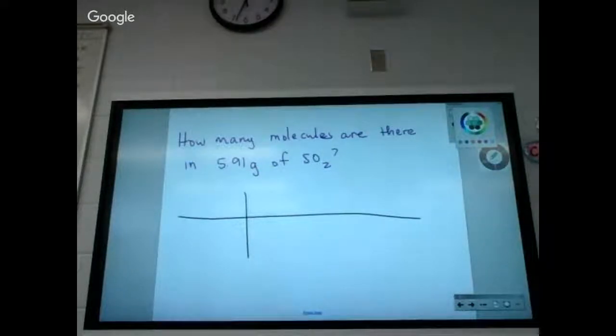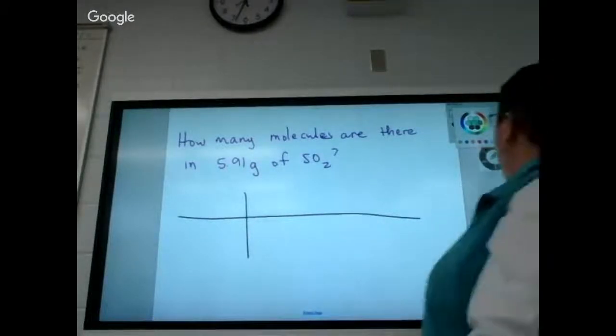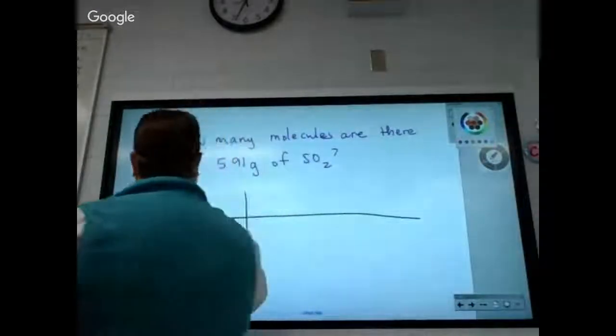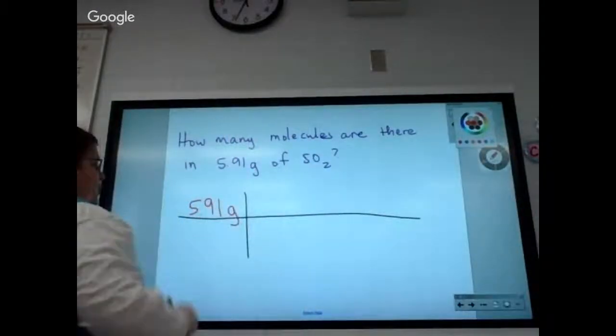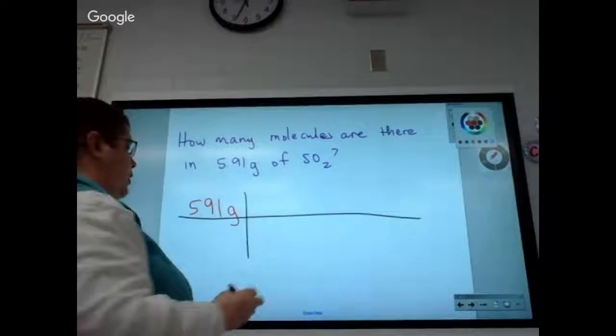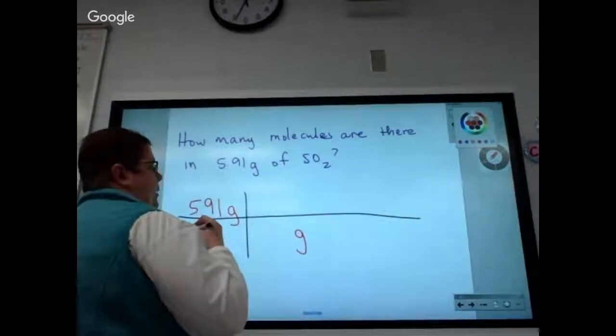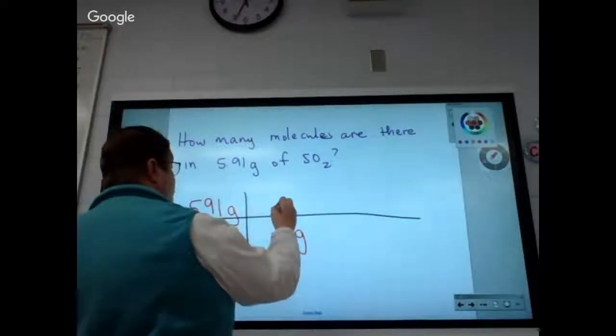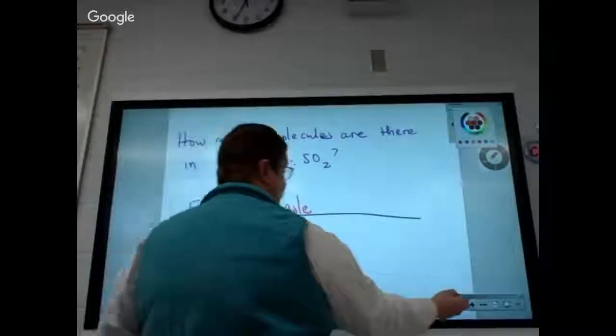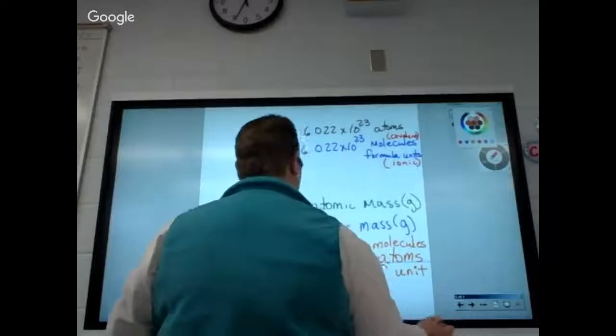All right, what do I do first? 5.91 grams goes on the top line. What goes on the bottom line? From a gram, what is the only thing I can go to? A mole. Remember that fancy flow chart we drew right here?